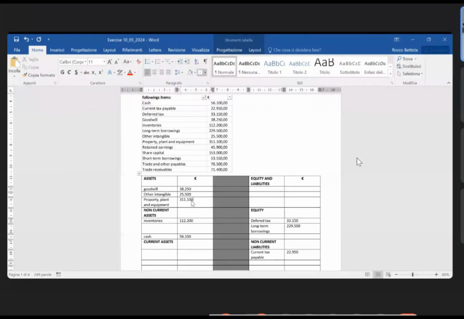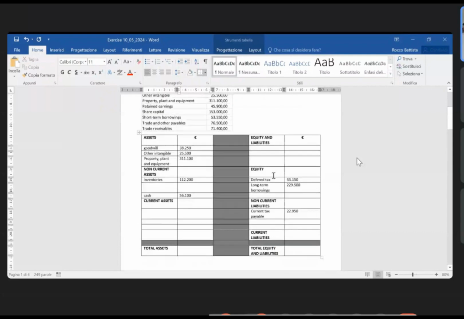Okay, retained earnings, the earnings of the past years that you want to leave in your company. I guess it's equity and liabilities. Yeah, it's in equity and liabilities.